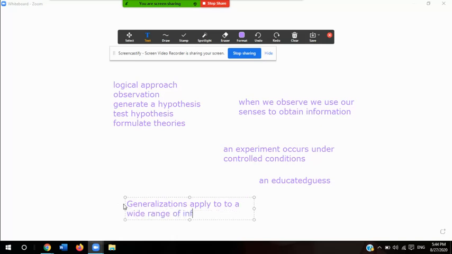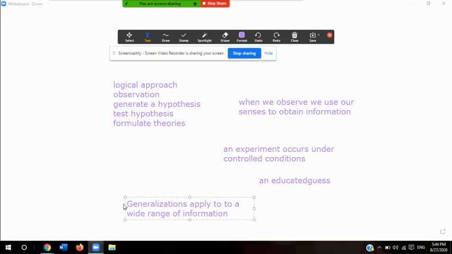For example, birds fly. My hypothesis is that all birds fly. Well, if that's true, that applies to all birds. And of course, we know that that's not necessarily true. So that's why hypotheses are a general statement. They're a generalization. And again, a generalization is a statement that applies to a wide range of information.